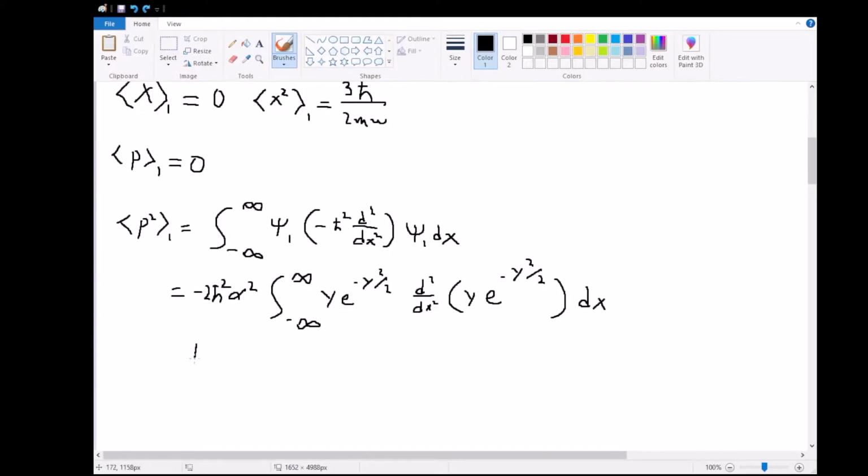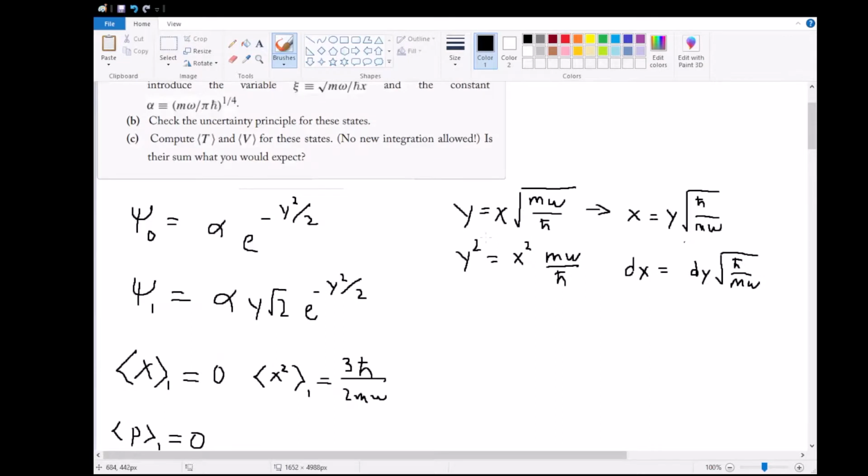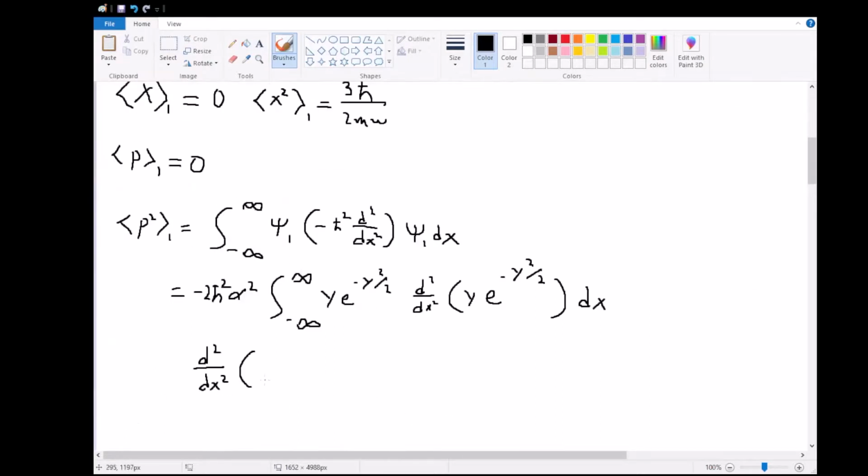So we're going to convert this into x. So d2 by dx squared, y is equal to x times square root of m omega over h bar. So square root of m omega over h bar times x times e to the negative m omega over 2 h bar times x squared.